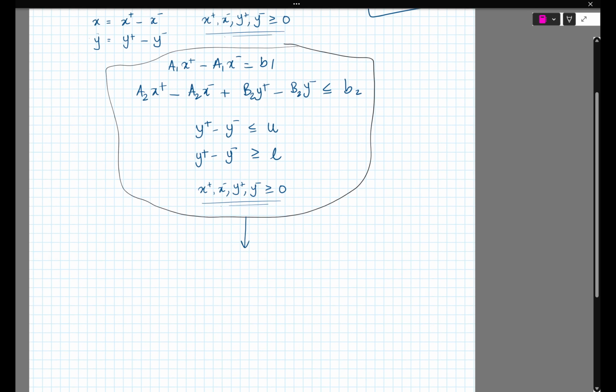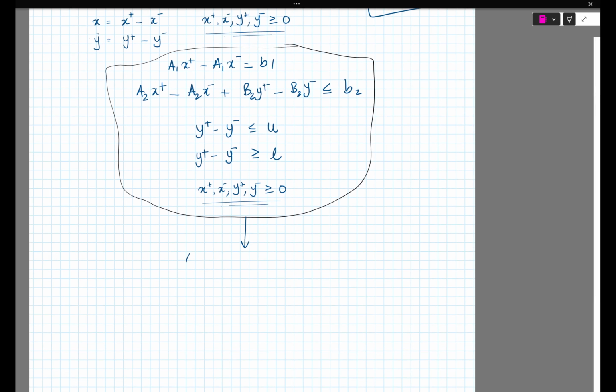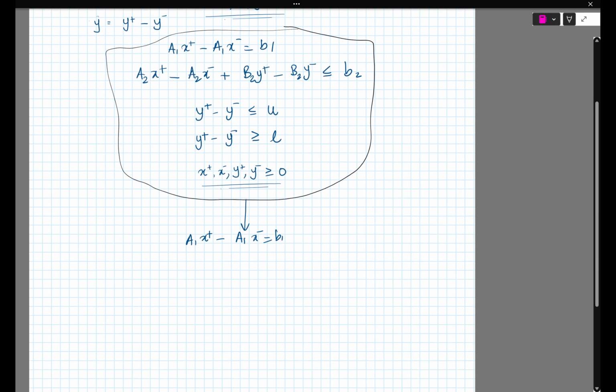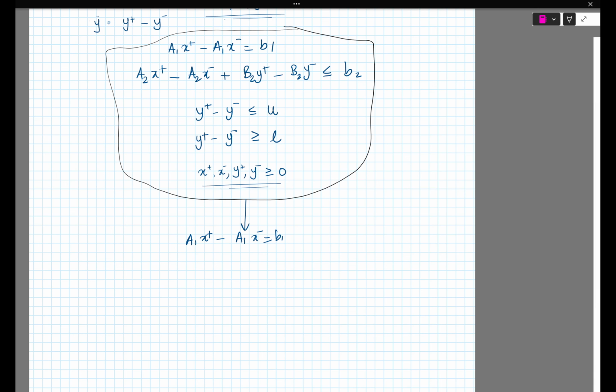So if we do that, the first constraint already has an equality, a1 x plus minus x minus equal to b1. The other one we need to change. So how do we do it? We add a slack variable, and this new variable should also be positive.